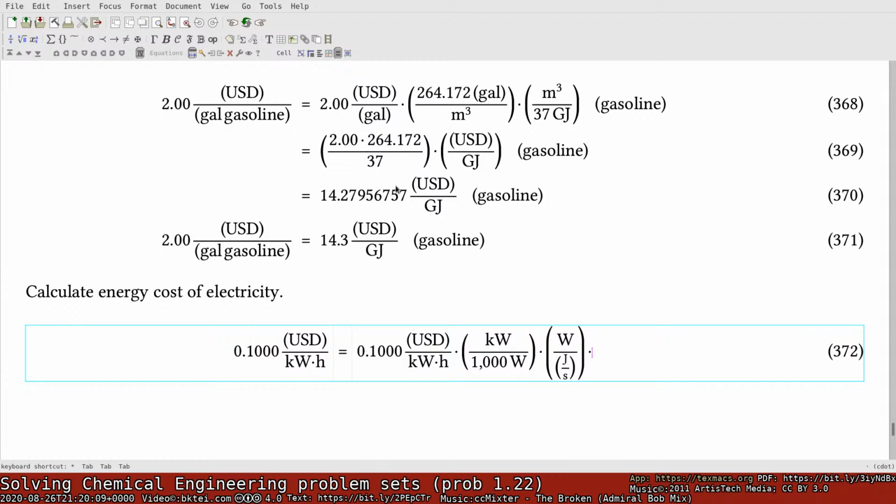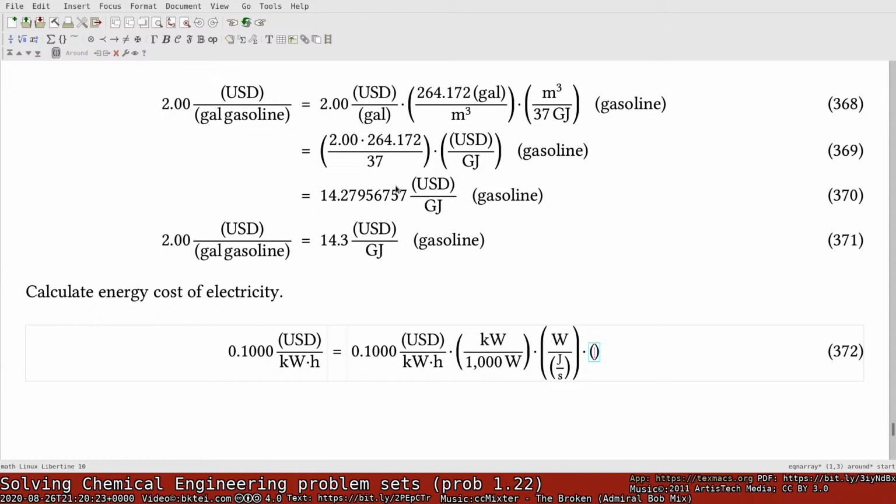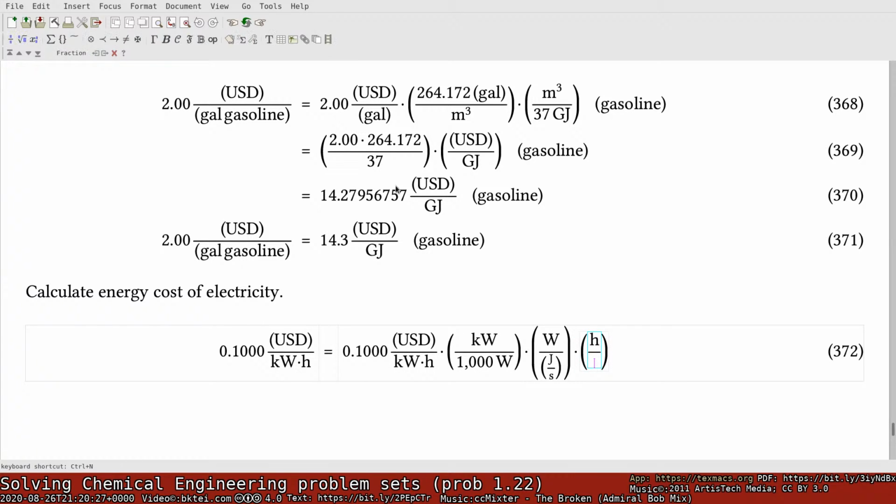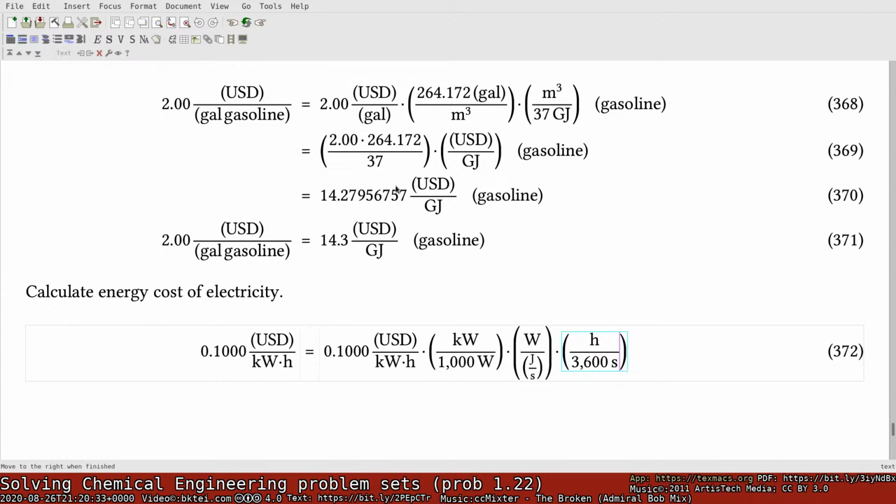And for every, we got joules, don't we? Yeah, joules is in the right spot, should be in the denominator. And time. Let's get rid of hours, put it into seconds. For every hour, we got 3,600 seconds.